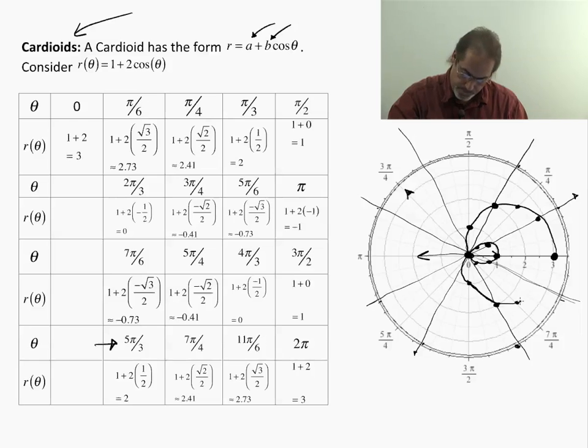So here. 11 pi over 6, this is going to be 11 pi over 6. I'm going to be at 2.73, which is roughly here-ish. So I'll come around. And at 2 pi, I'm back to 3. So that's the cardioid. Now, let's jump to Maple real quick and see what we've got.